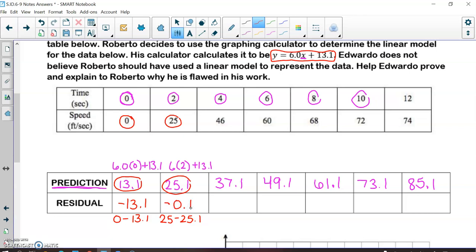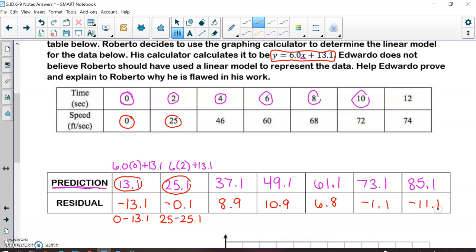I'm going to have you do that for the rest. 46 minus 37.1 is 8.9. 60 minus 49.1 is 10.9. 68 minus 61.1 is 6.9. 72 minus 73.1 is negative 1.1. And 74 minus 85.1 is negative 11.1.